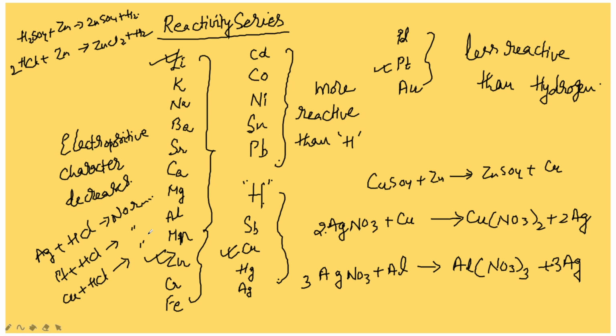It is also possible that a non-metal can displace another non-metal. In such a case, a more electronegative element will displace a less electronegative element in the case of non-metals. Few more examples we can take. For example, KBr, potassium bromide plus chlorine.